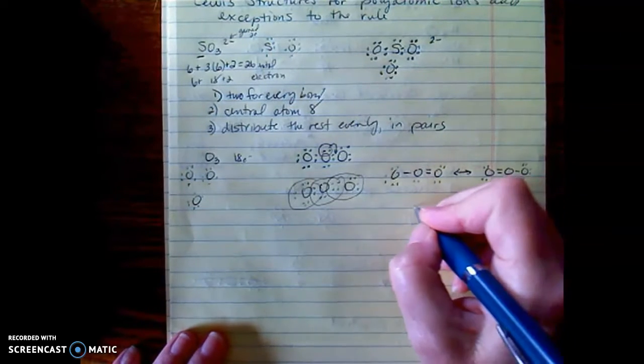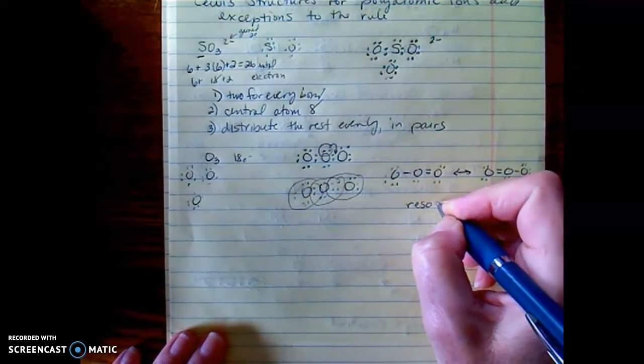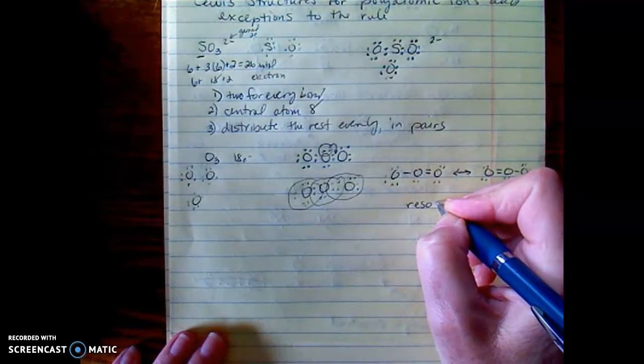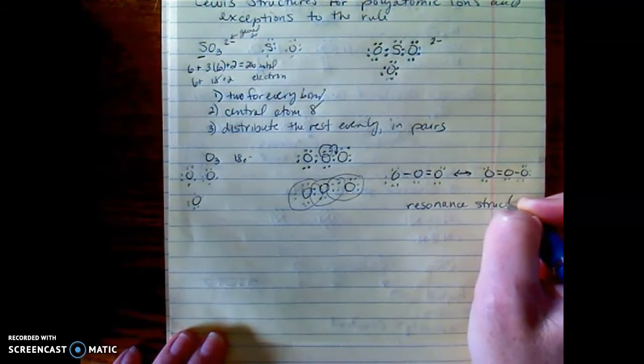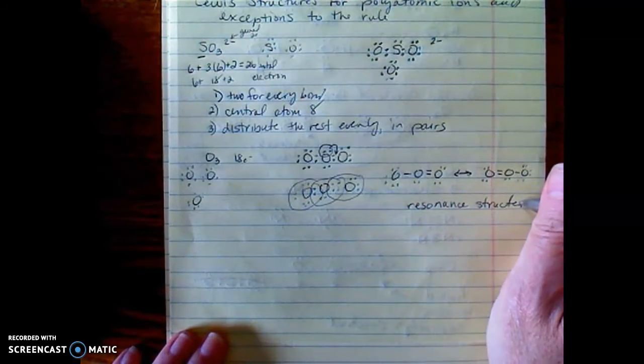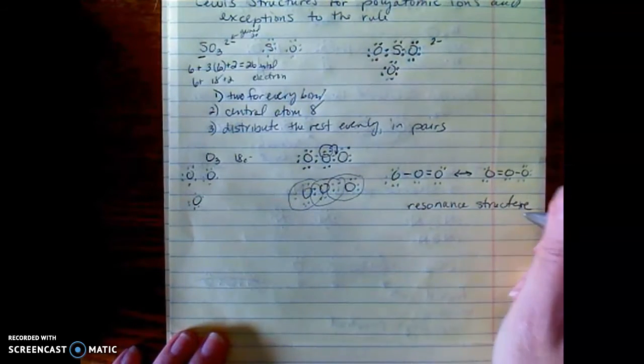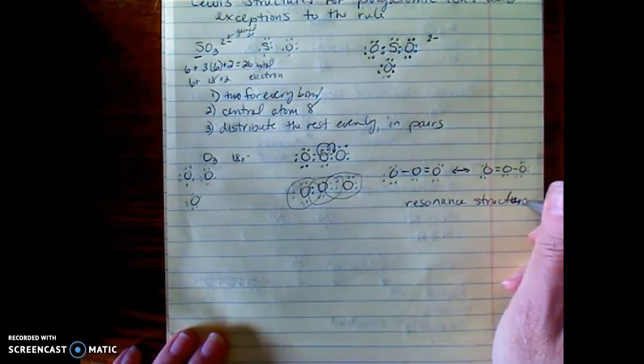We call this a resonance structure. Let me spell it correctly. Structure. What does that mean? It just means, oops, you can't read my U. That's a U there.